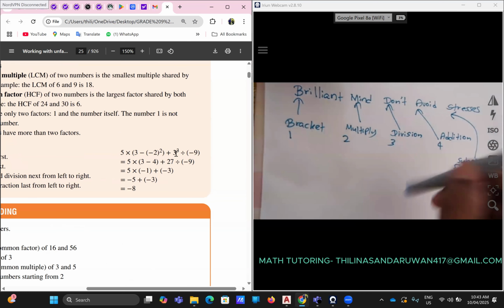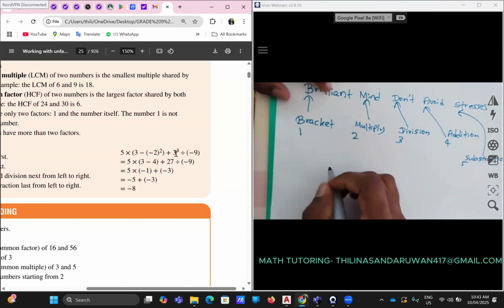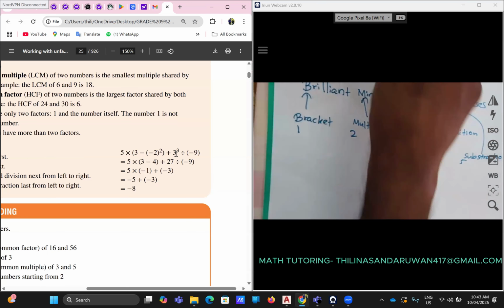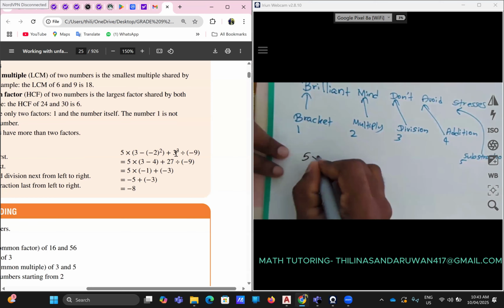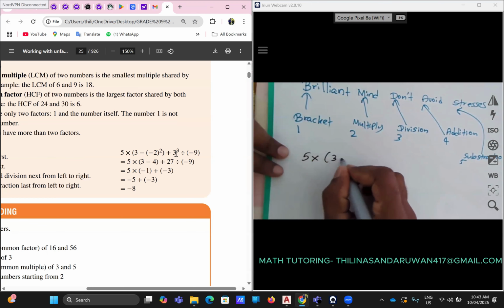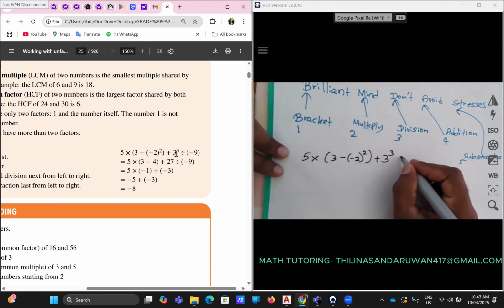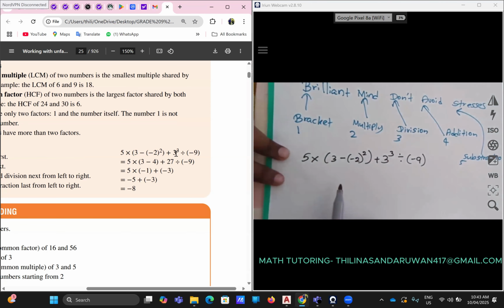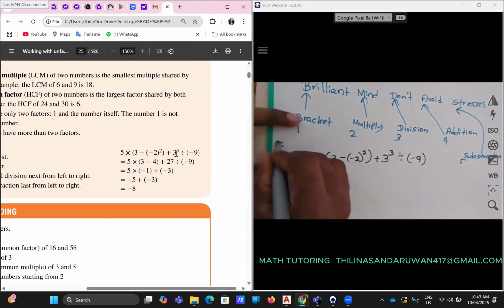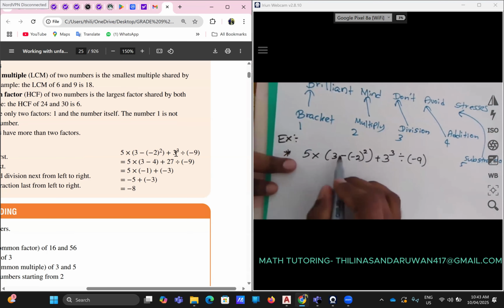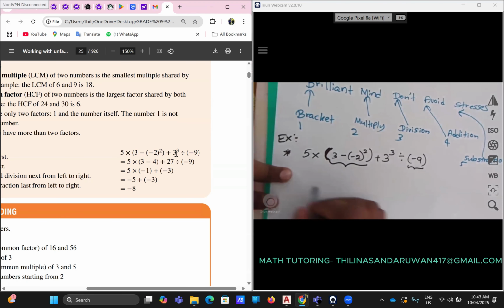Okay, let's see the first example. How do you do that? 5 multiplied by inside brackets 2 minus 9. What should you do first? Let's try 3 minus, and inside this bracket there is another bracket.